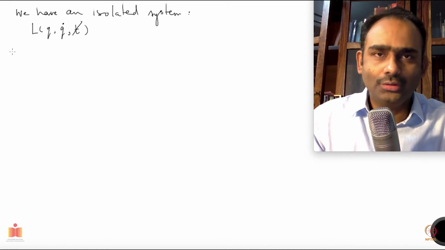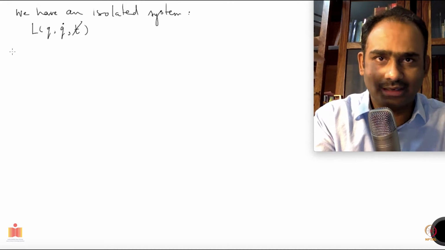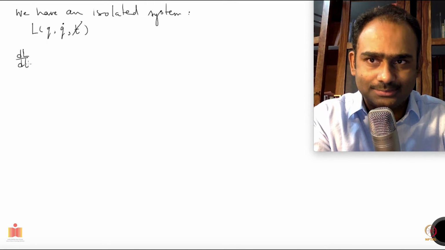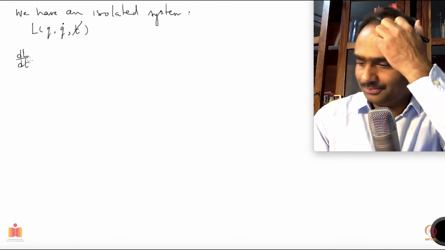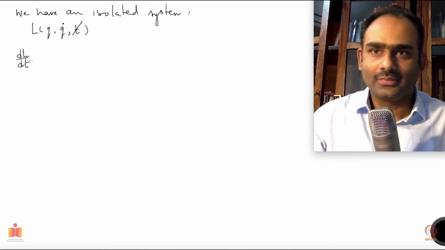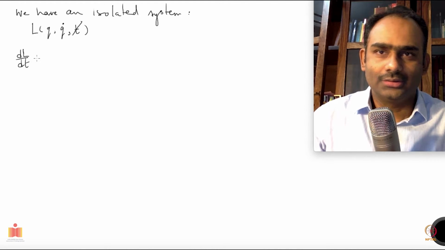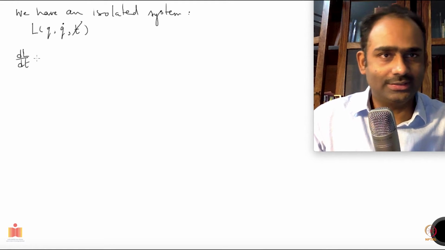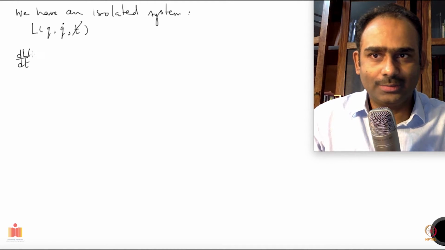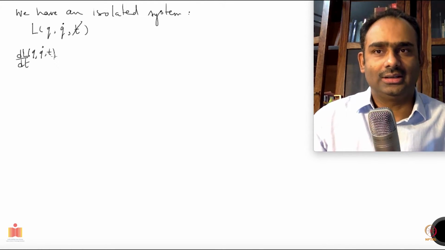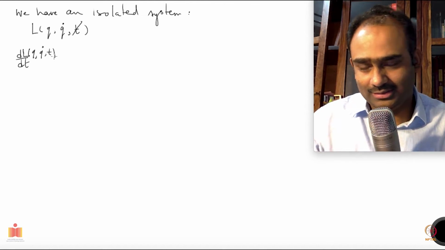To do so, I want to look at the total derivative of the Lagrangian, dL over dt. Even though I'm interested in such a system, for now I will keep it general. I will keep L depending on Q, Q dot and t, and later I will remove the time dependence.